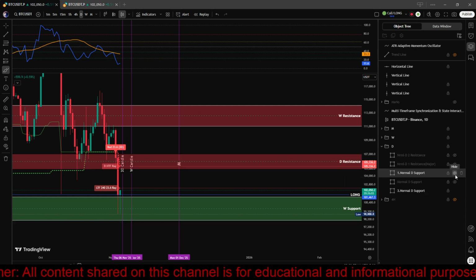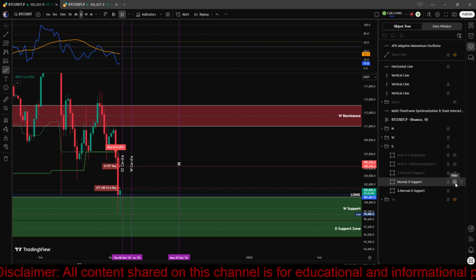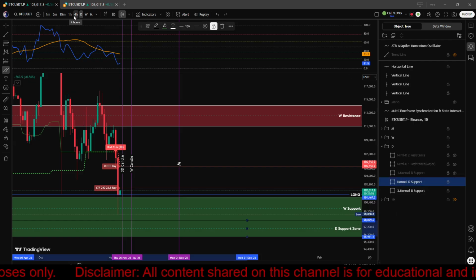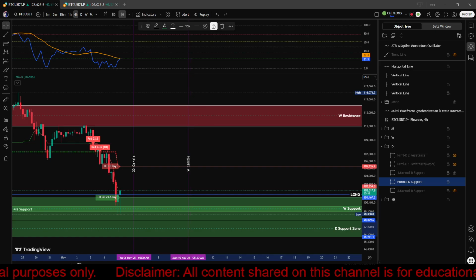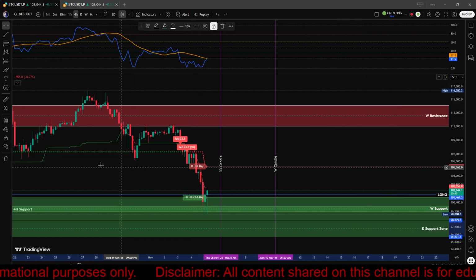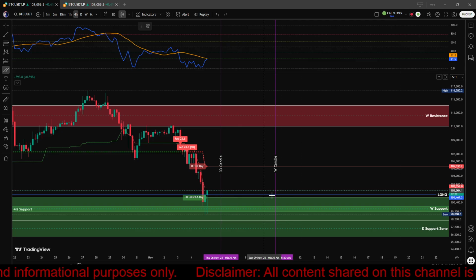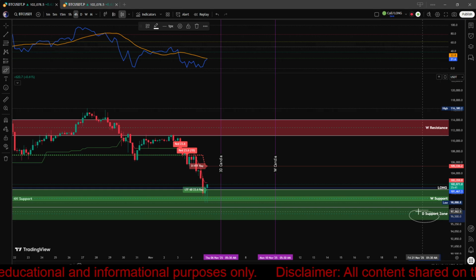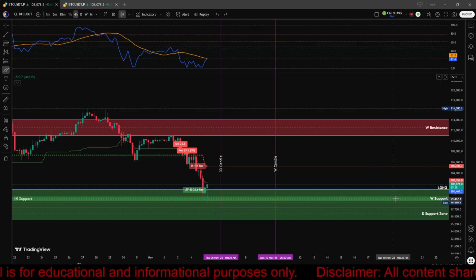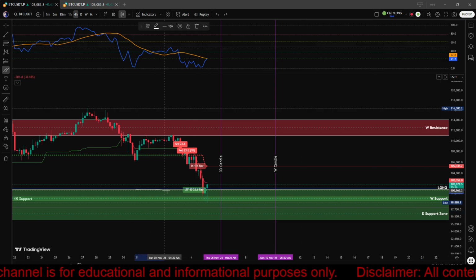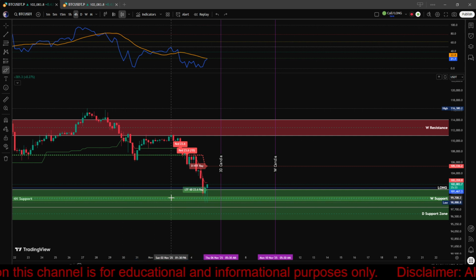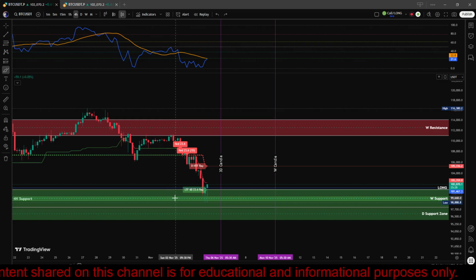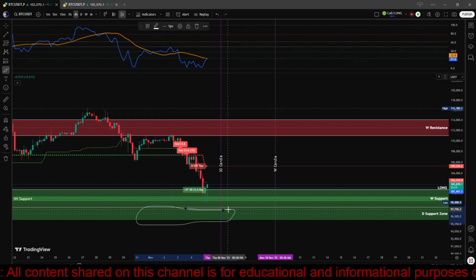So even if prices go further down, we had this daily player support. So in this case, we have weekly first, and inside the weekly we had 4-hour, and then just slightly below the weekly player we had daily.